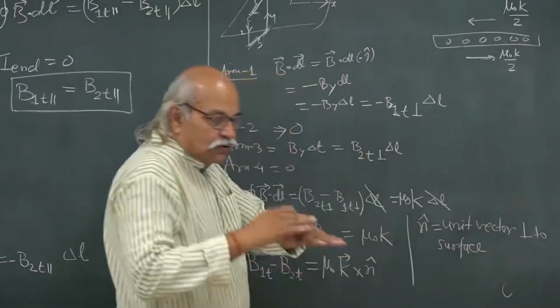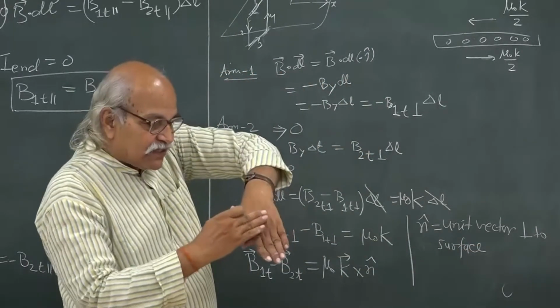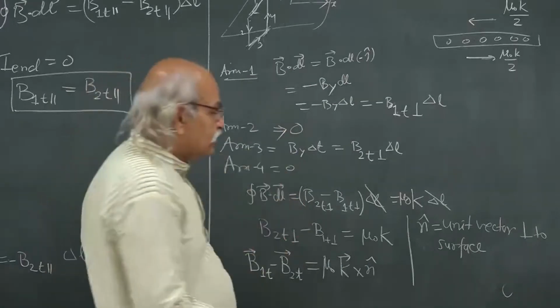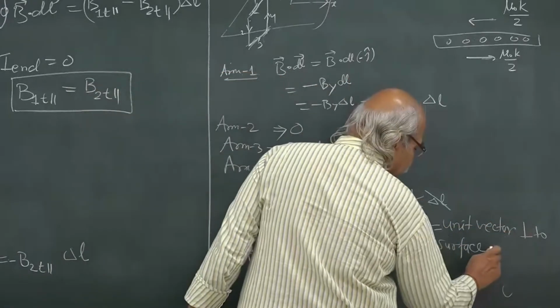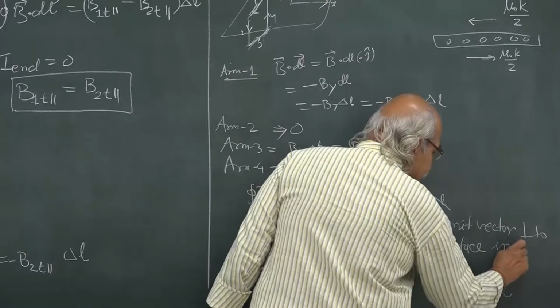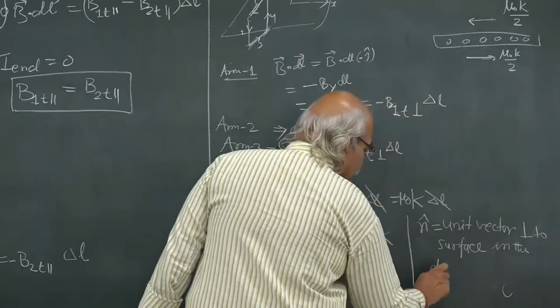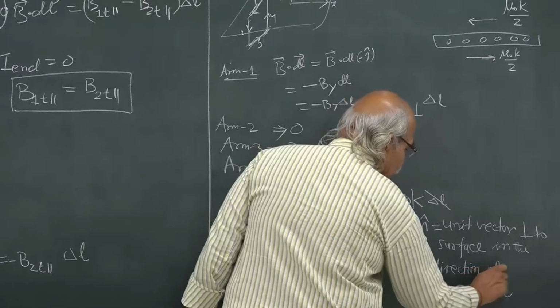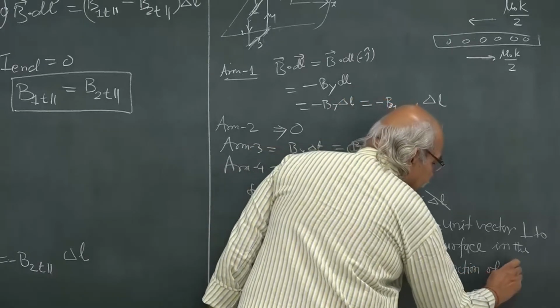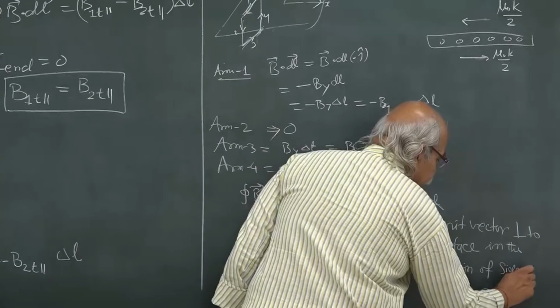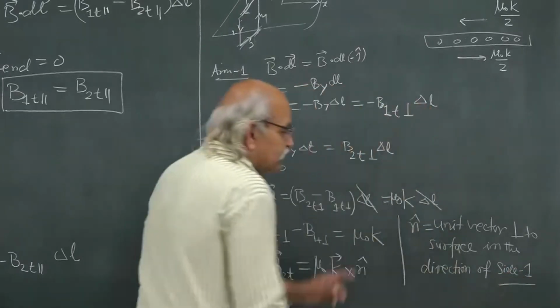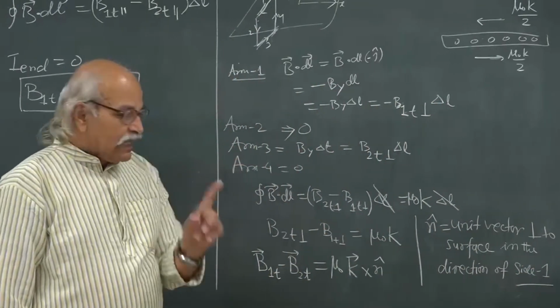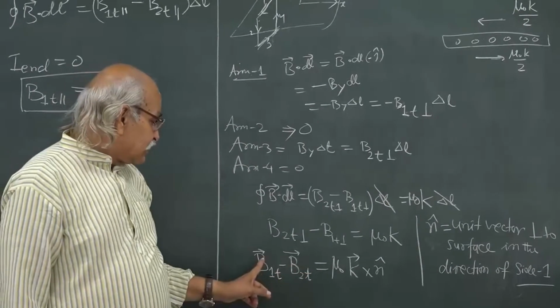There are two possibilities. If this is the surface, this is perpendicular and this is also perpendicular. So n is perpendicular to the surface in the direction of side 1. You decide which side you want to call side 1, and then be consistent.